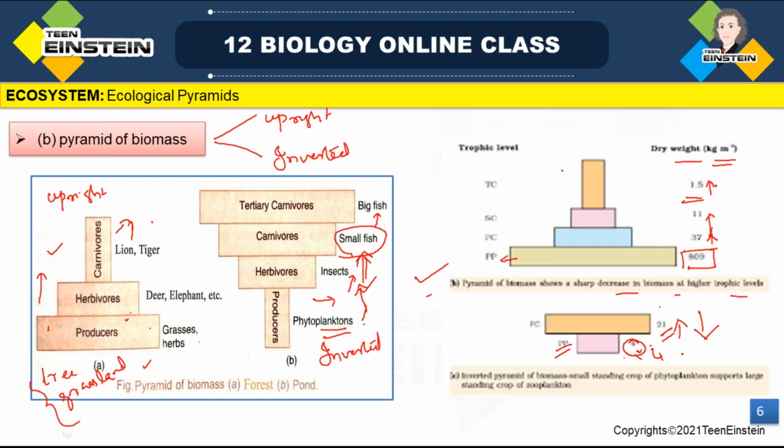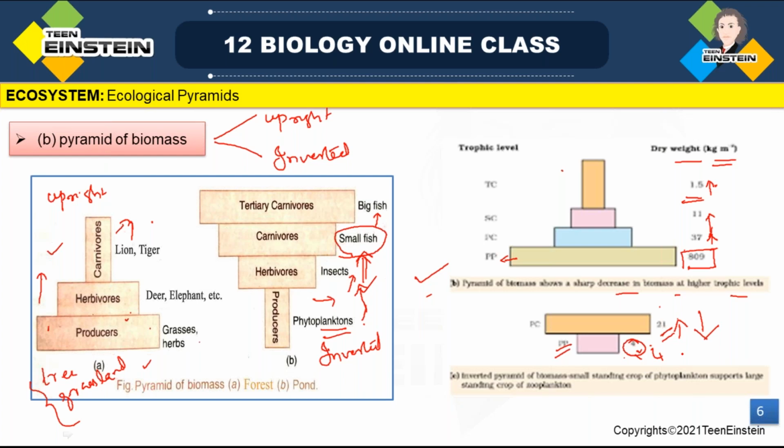The biomass of that fish may be larger because this larger fish has a larger size, and it will be eating several generations of these zooplankton.